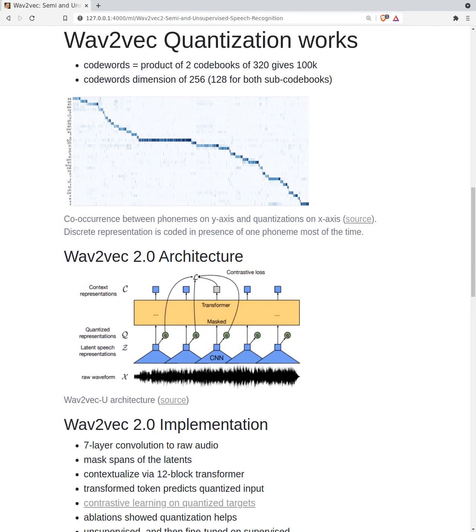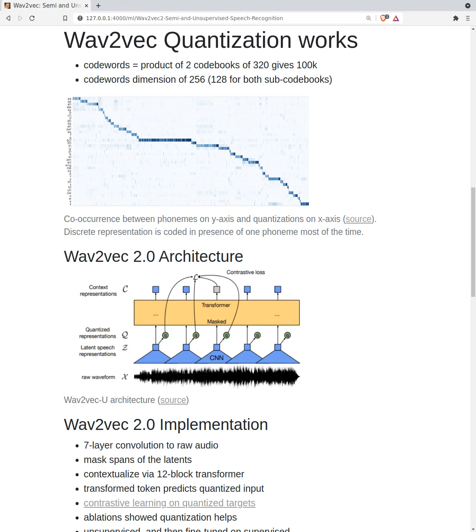So in Wav2vec, how does quantization work there? Well, the codebook is a product of two codebooks of 320, which gives us around 100,000 discrete vectors. And the codeword dimension is around 256, where both subcodebooks have 128.